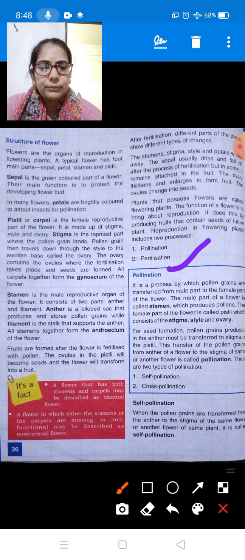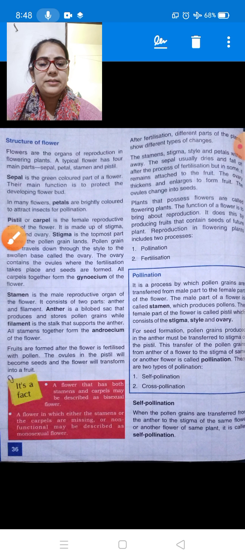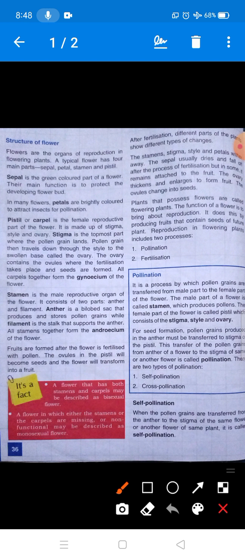This transfer of the pollen grain from the anther to the stigma of the same flower or another flower is called pollination. And there are two types of pollination: self pollination and cross pollination. Students, in your book the definition of pollination is written, but it is a little complicated because of this line, so I am telling you in a very easy way what pollination is.